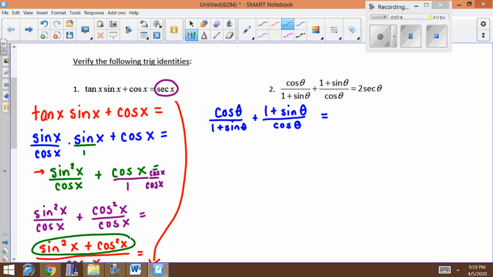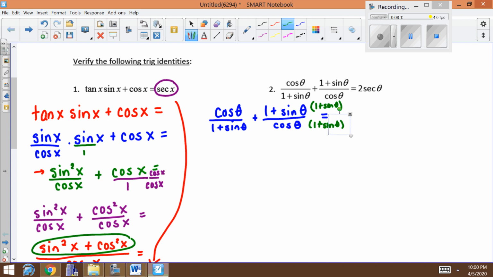So our goal is to get that to equal 2 secant theta. When I look at that, I see the right-hand side doesn't have any pluses or minuses. So my first thought is let's try to add these together. To add them together, we need a common denominator. So I'm going to have to multiply this fraction by 1 plus the sine of theta in our numerator and denominator.